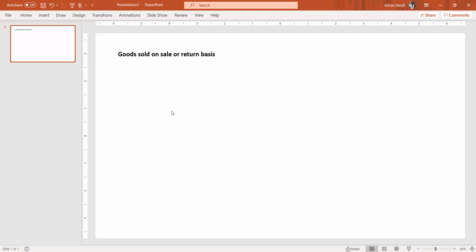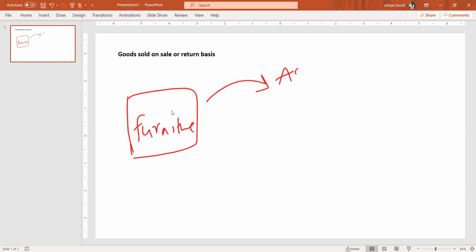Normally this happens in an agent situation. Like let's say we have a furniture shop, and they have an agent. This shop is in Moratuva. They have an agent in Colombo.